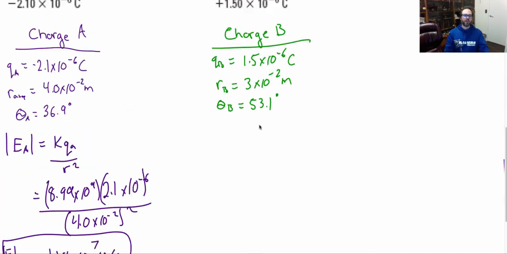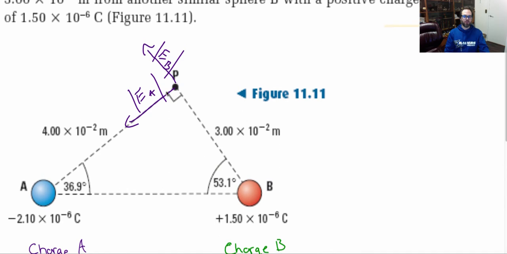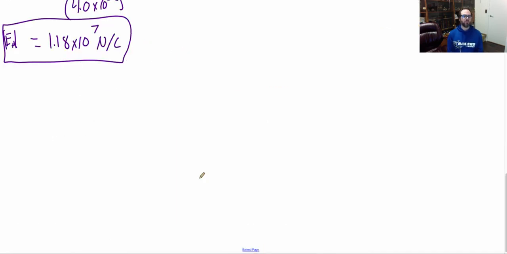So now let's break this angle down to its x and y components. I look right here, this angle 36.9 is going to be the same as the angle right here. So I'm going to use SOH CAH TOA, where cosine is going to be my x value and sine is going to be my y value. So let's first look at my x component, and that's going to be cosine.